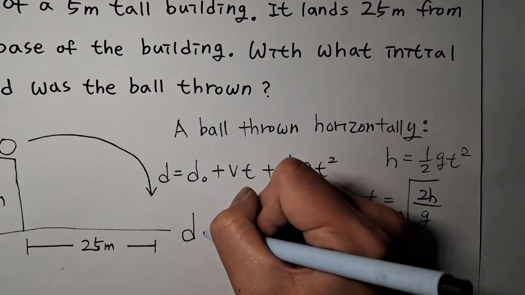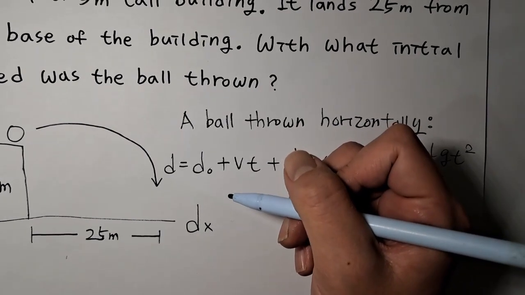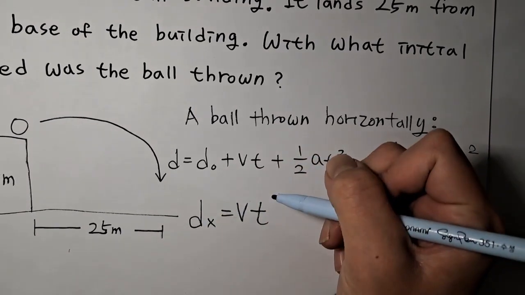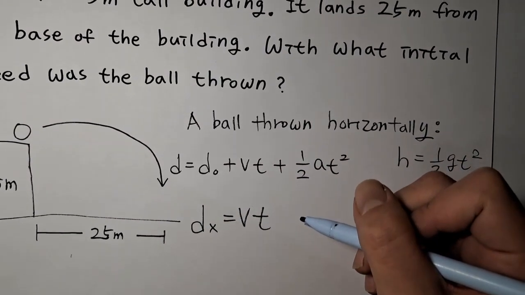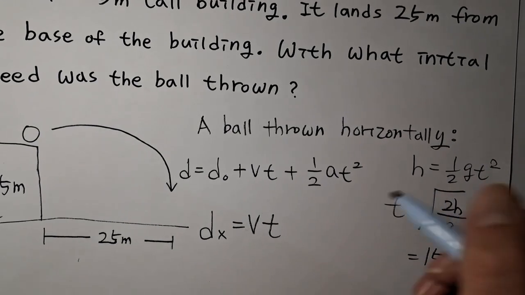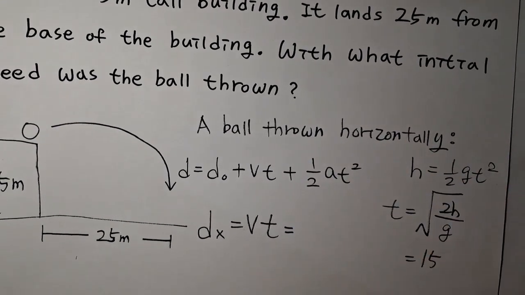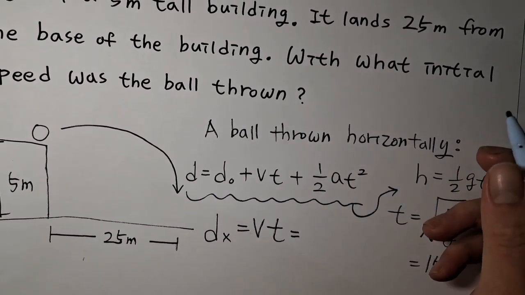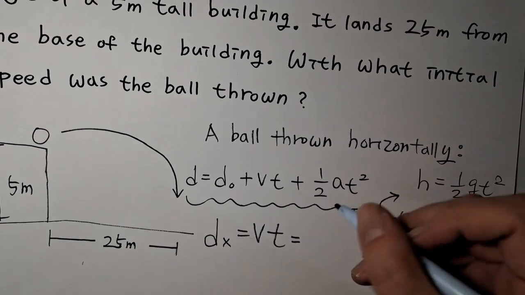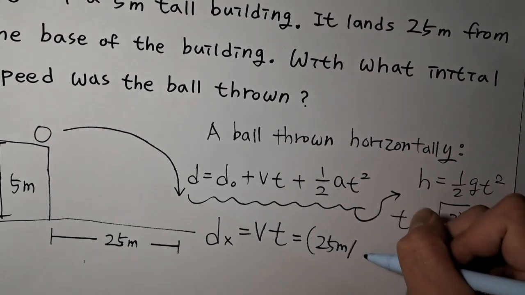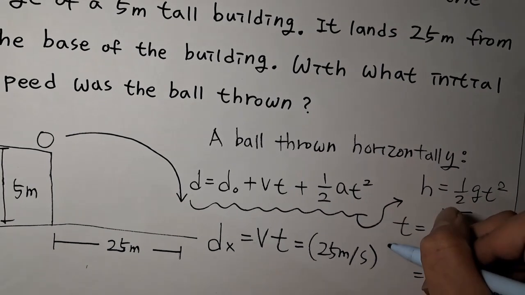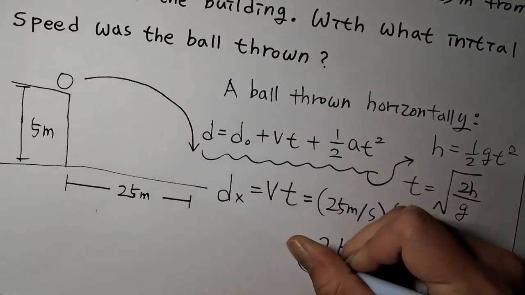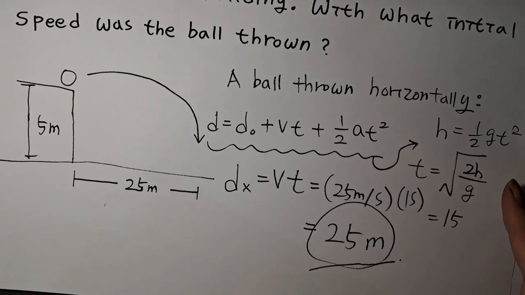So we are going to find the distance in the x direction. So this is the equation. Yes, this equation comes from this kinematics equation. So the answer is 25 meters.